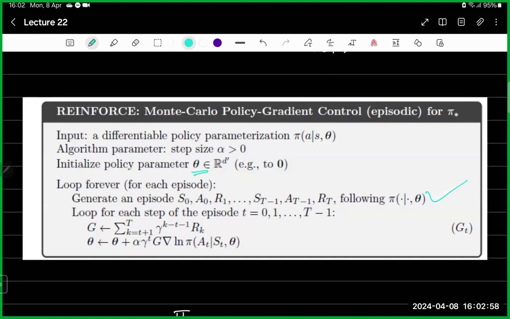You generate one trajectory according to your policy, and then you have to compute G_t for every t, and then update your theta. Okay, this is what you're seeing, right? This is like G_t only, right? Okay, so is this algorithm clear, everyone?